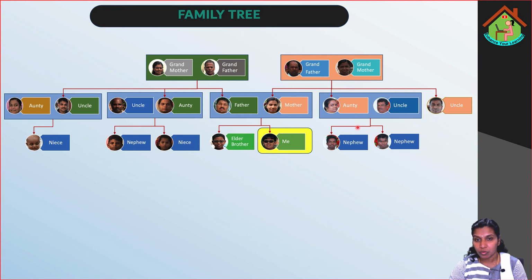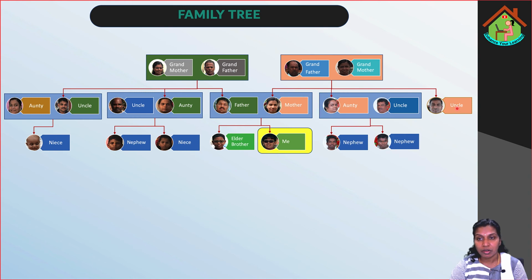So what will be the relationship for you? This is you, this is your mother, this is your mother's sister, means she will be your auntie. The auntie's husband will be your uncle, and your mother has one more brother, that brother also will be your uncle.